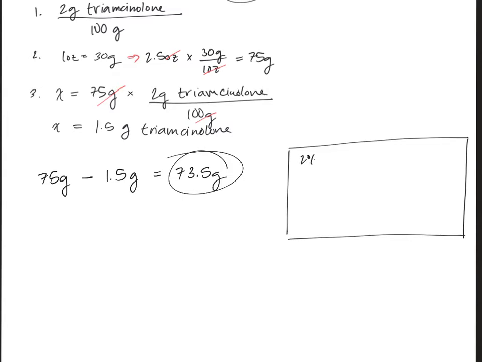So for our 2% ointment, our recipe has, I'm just going to go ahead and abbreviate that, we got 1.5 grams. And then since we're using Vaseline, remember, which is different than using water, we had to go ahead and do that subtraction.